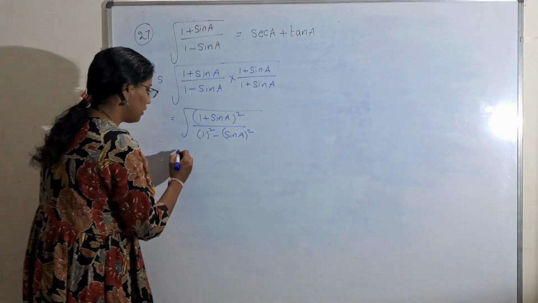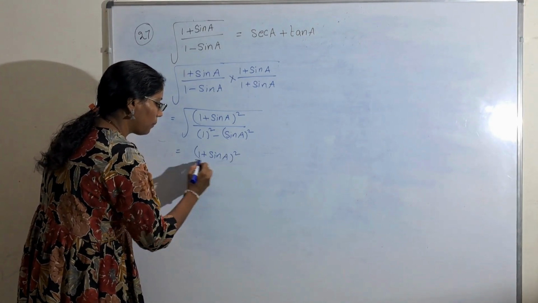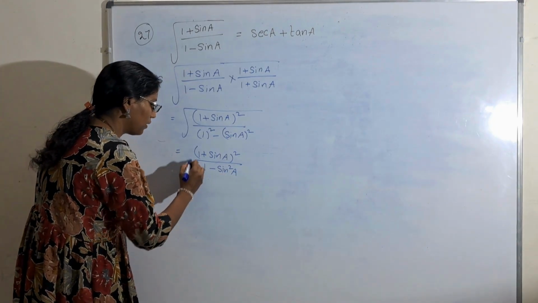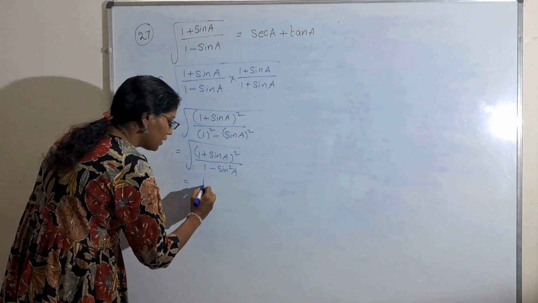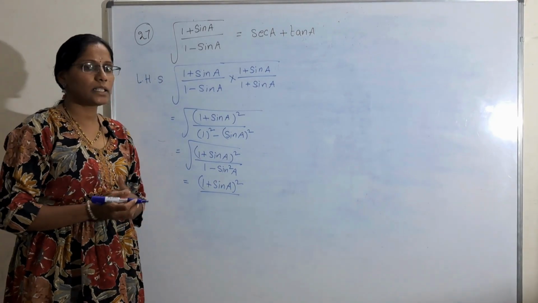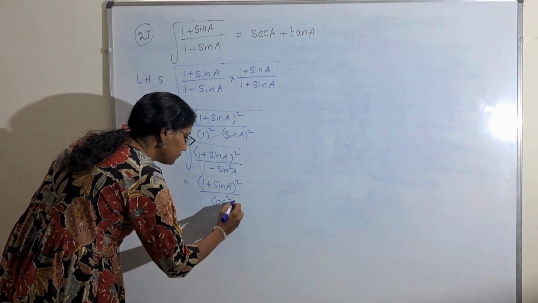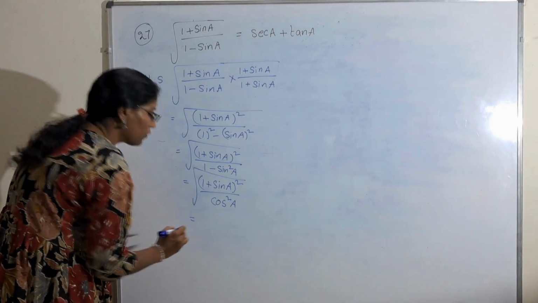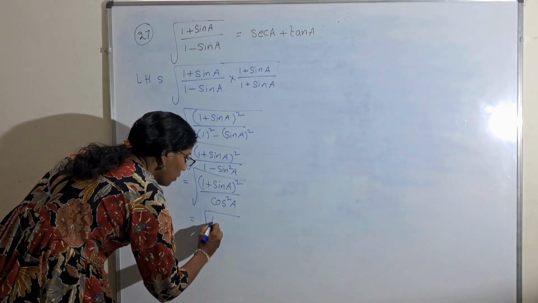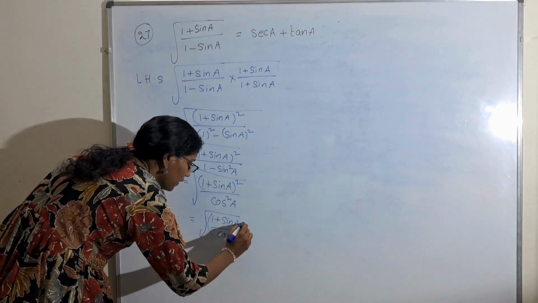So (1 plus sin A) whole square by 1 square minus sin square A, which is 1 minus sin square A. Cos square A we can write using the identity. Numerator and denominator both have squares, so we write a single square: (1 plus sin A by cos A) whole square.